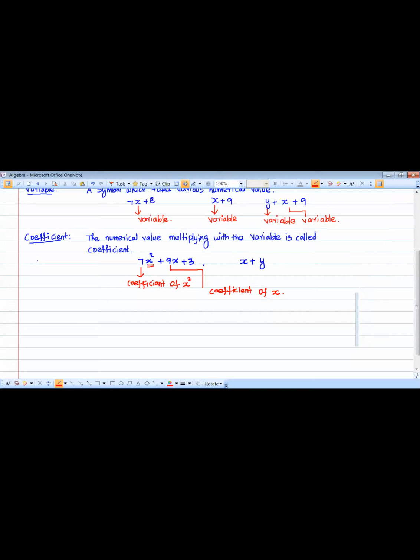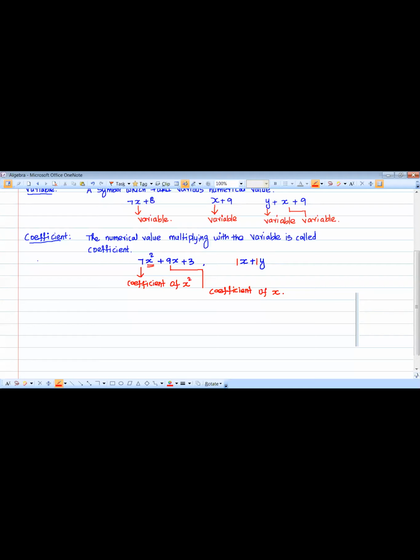See, in this case, what is the number before x? You may say, sir, no number, sir. But 1 is invisible in this place. So indirectly 1 is here. So 1 into x, 1x. 1 into y, 1y.